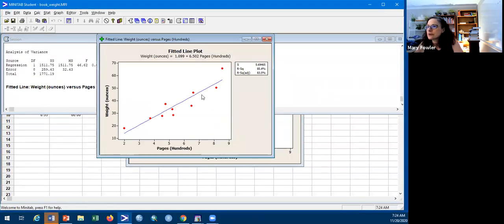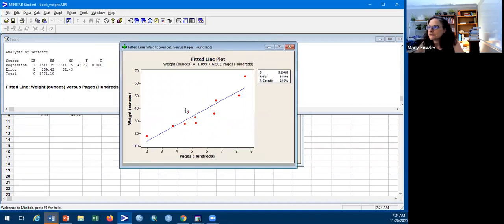Okay, so here is what we call a fitted line plot. It has all of the points that we had on the previous scatter plot, but this time it has a line. This is the line that best fits the points.